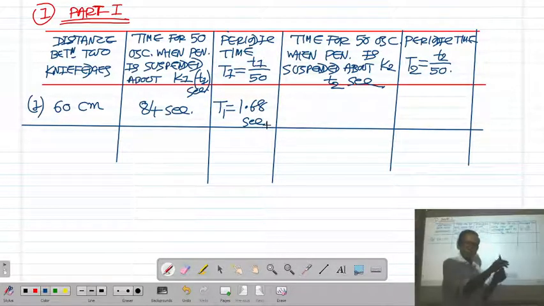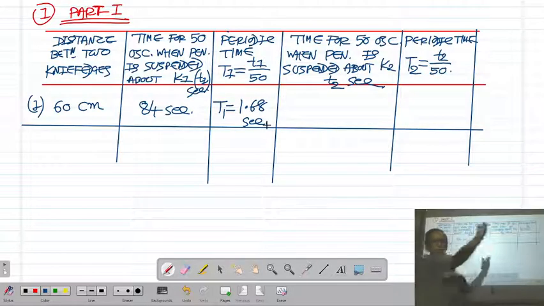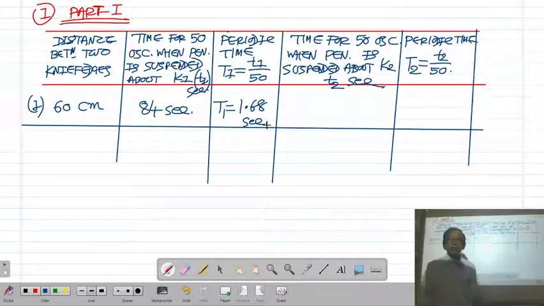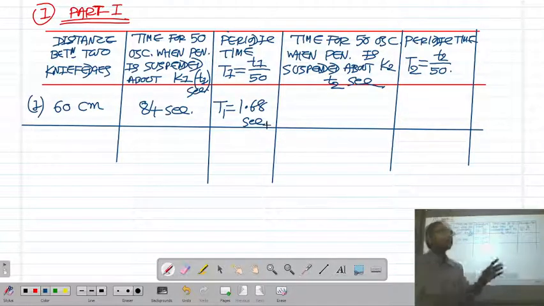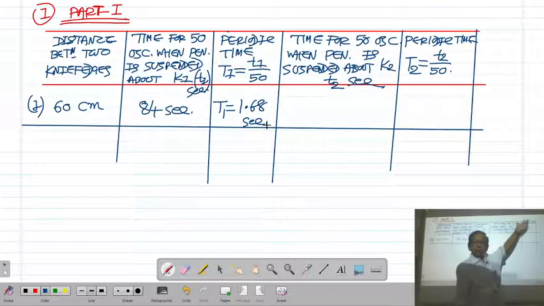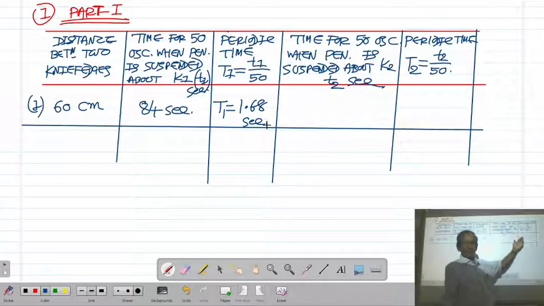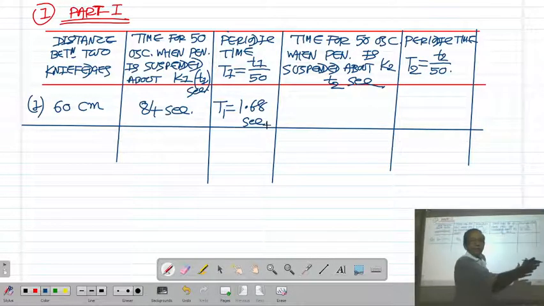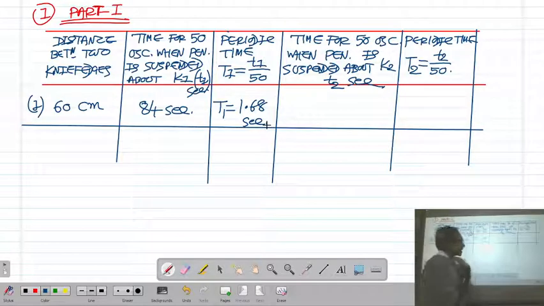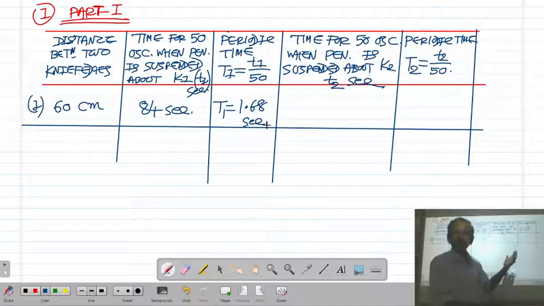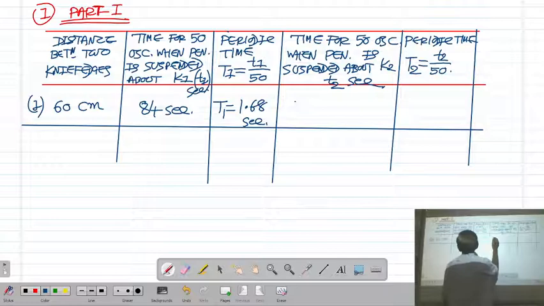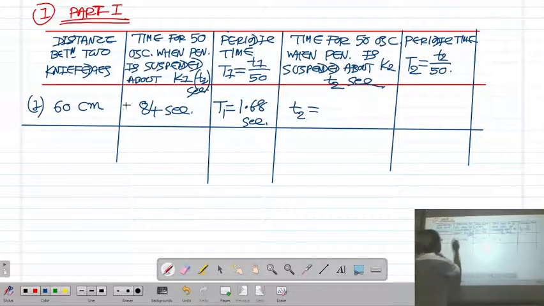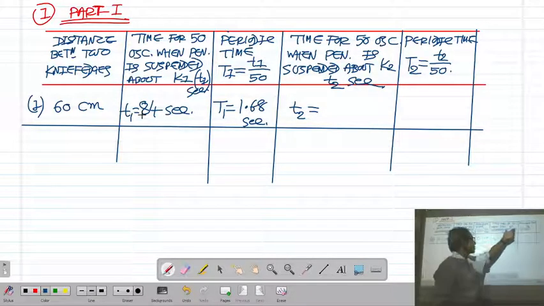Now what to do? You have to invert the pendulum and suspend the pendulum about the metallic knife edge K2. Now set the pendulum into oscillation. Again measure the time for 50 oscillations when the pendulum is inverted and suspended about metallic knife edge K2.